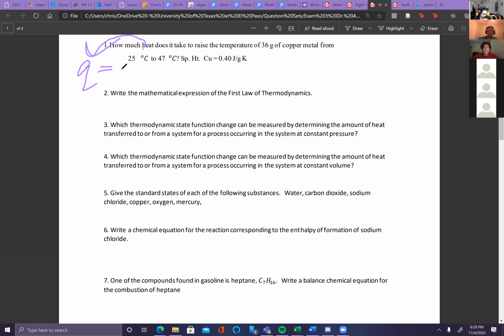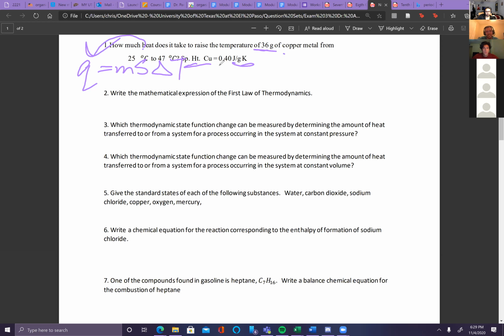Q equals m s delta T. Beautiful, because we have our m and our s. SPHT stands for specific heat, and it's in joules per gram Kelvin.